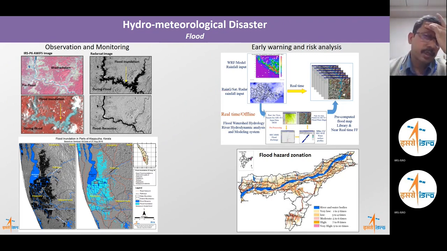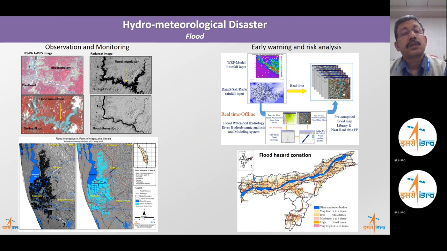Then there are the hydrometeorological disasters like floods. We of course experience them every year in many parts of the country. Normally floods occur during monsoon, and most floods in the Indian subcontinent are because of precipitation. When there is rainfall, you have cloud cover, so normal optical imaging is not possible.